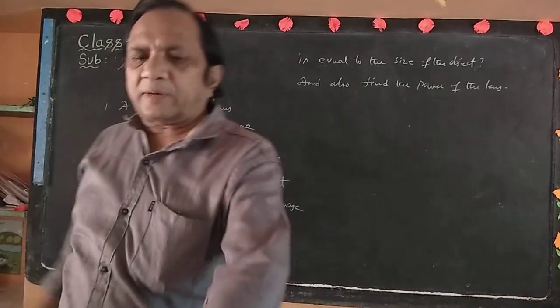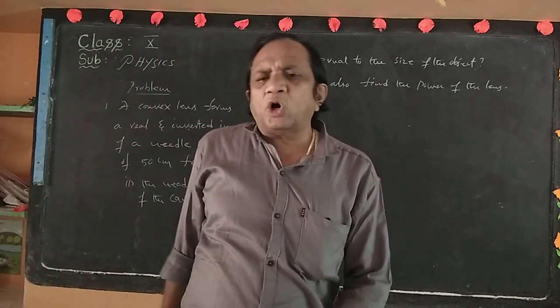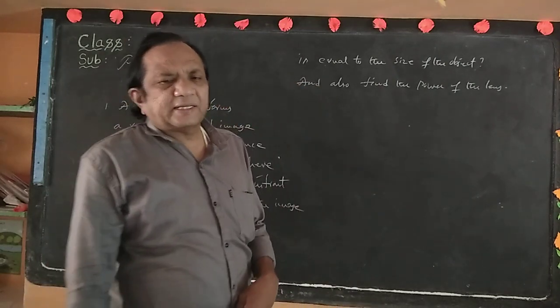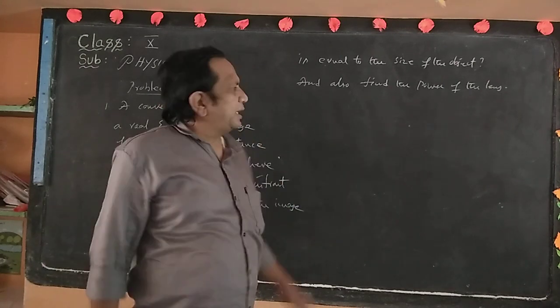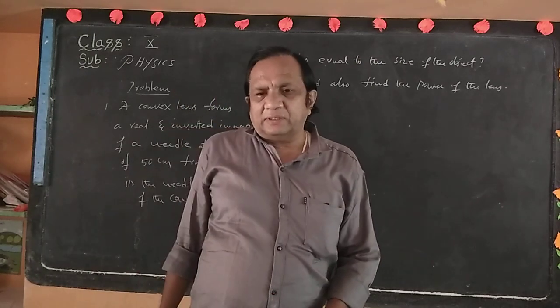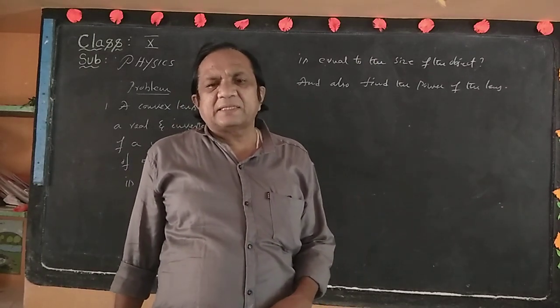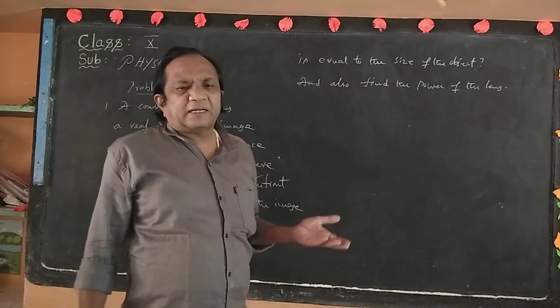Now, in this case, what happens? The size of the image is equal to the object size, which means the object is placed at the center of curvature. Only in this condition will the size of the image and object size be equal. That's why the image is placed at 2F, or at the center of curvature.